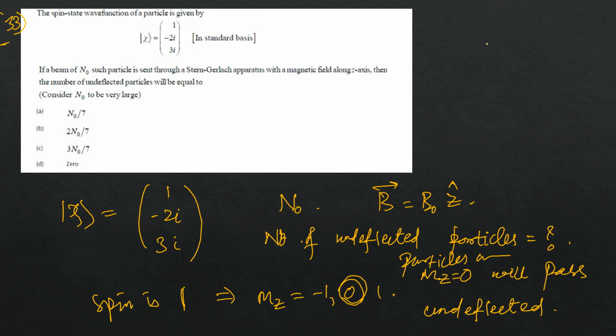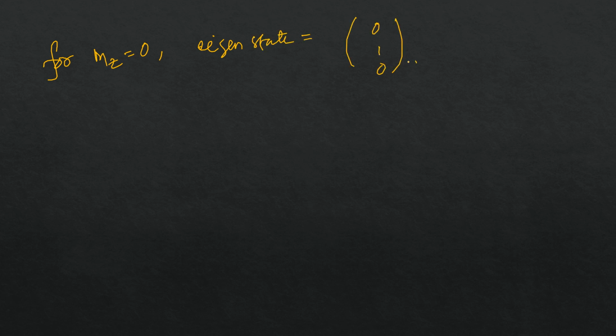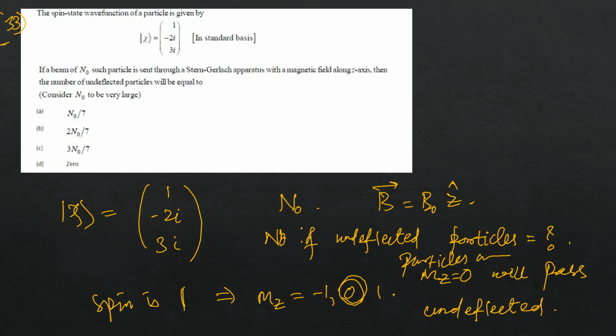For mz equal to 0, the eigenstate will be 0, 1, 0. This one you have to remember. Okay. So probability. What is the question? The number of undeflected particles.